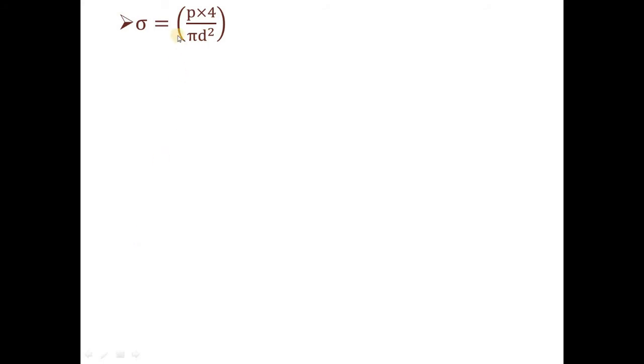Right? So here P into 4 is 4P. So the next step will be sigma is equal to 4P divided by pi d square, which means the tensile stress formula of this circular rod is 4P divided by pi d square.